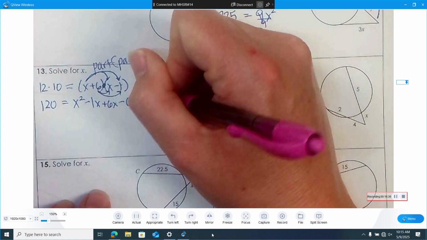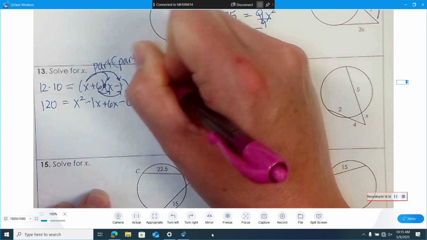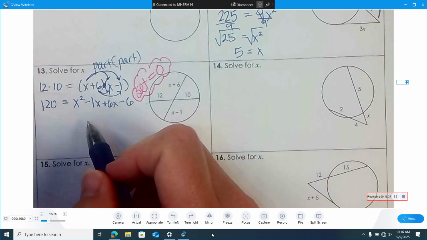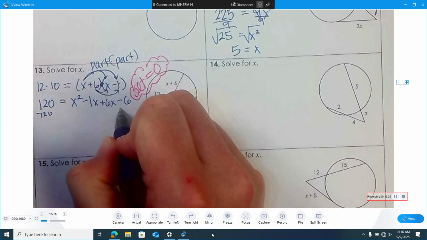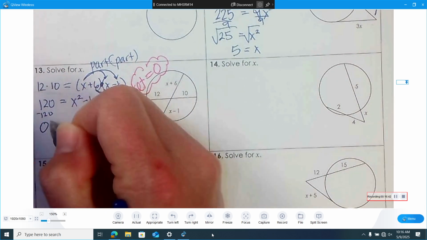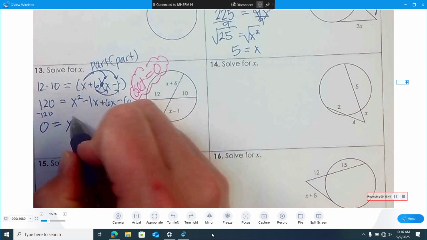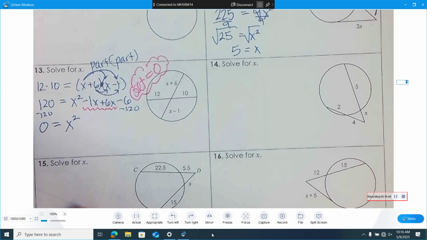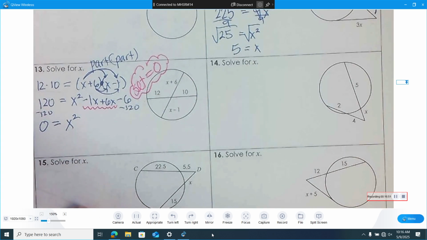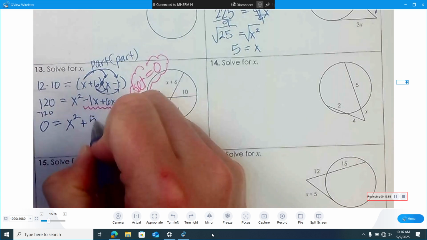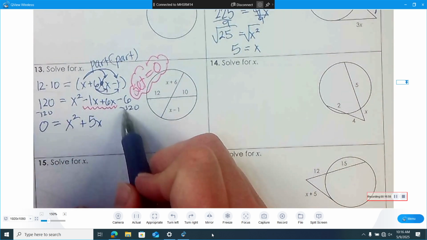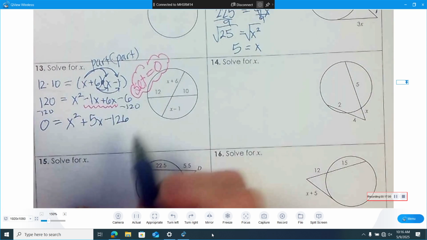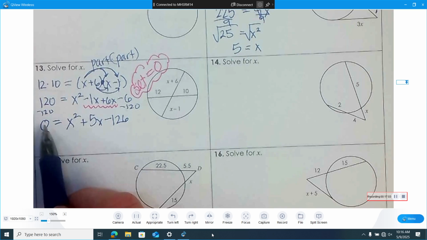That's the thing we need. Set equal to 0 for these kinds. So I'm going to subtract the 120. So I get 0 equals x squared. I have a negative 1x and a positive 6x that I need to combine. What does that become? 5x, so plus 5x, and then negative 6 and negative 120 gives me negative 126. So this is the important part, that we are set equal to 0.